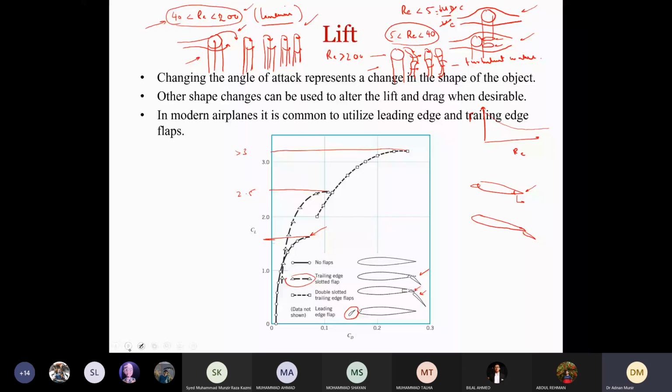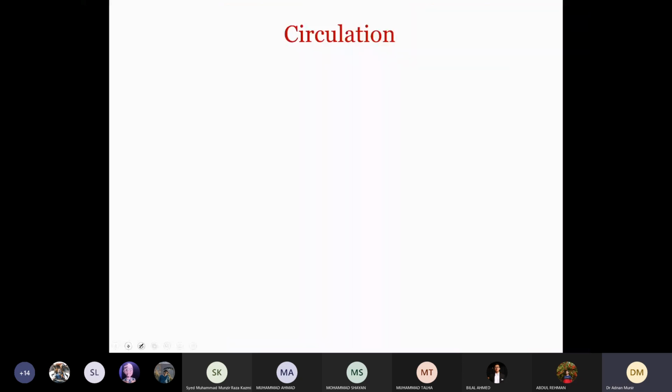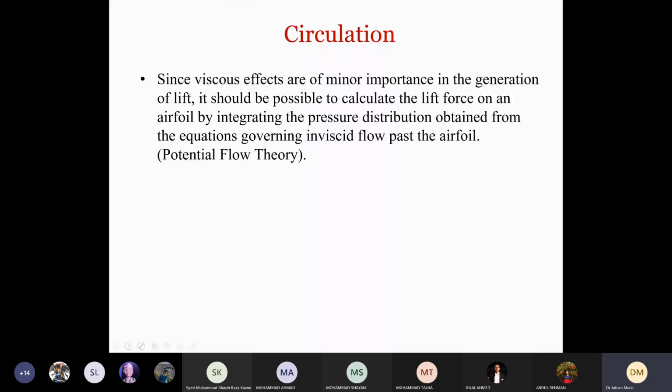So now the next topic that we have is on circulation. So since viscous effects are of minor importance in the generation of lift, it should be possible to calculate the lift force on an aerofoil by integrating the pressure distribution obtained from the equations governing inviscid flow past the aerofoil, right? Because as we discussed, when we have very high speed flows, high Reynolds number flows, the viscous effects become insignificant.